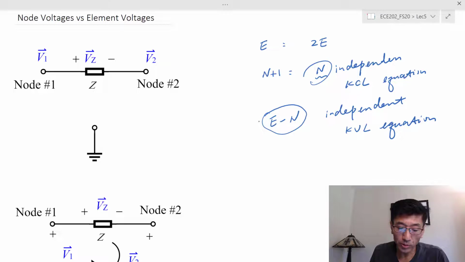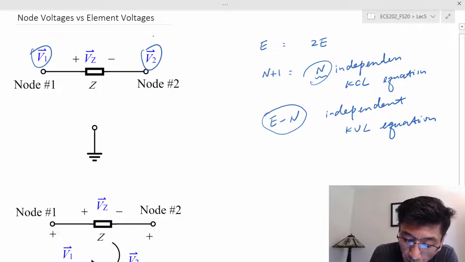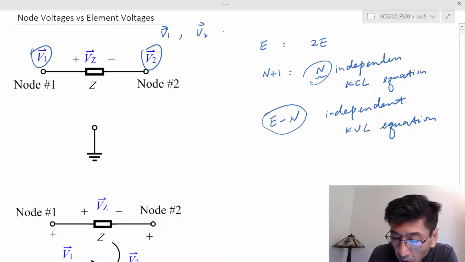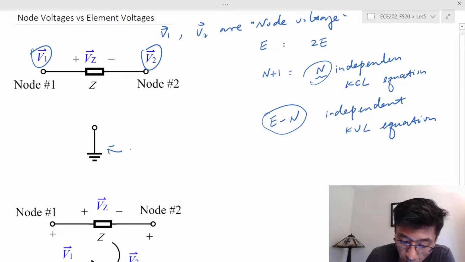But for the node voltage, we choose one reference node, and then we only label the other nodes. So V sub 1 and V sub 2 are the so-called node voltages. We don't have plus and minus signs here anymore, but we do have this reference node.